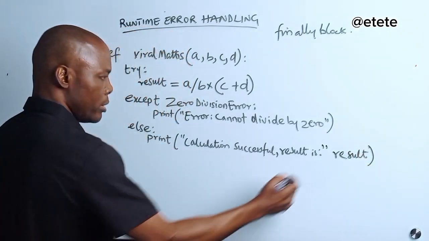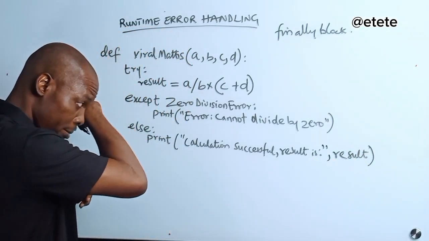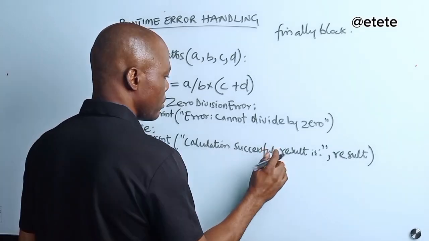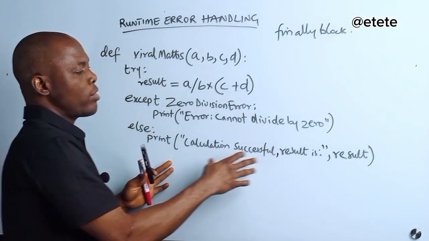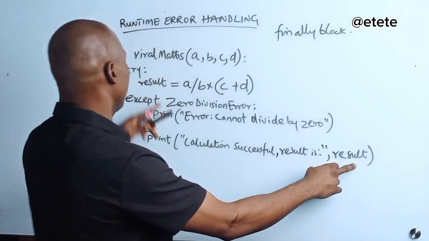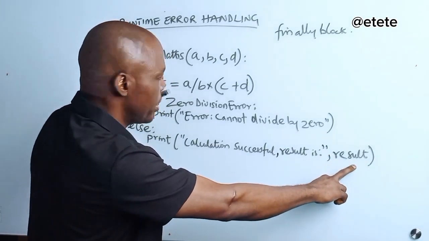Then you close this, so you put a comma here. So calculation successful, result is result. This will be printed out.